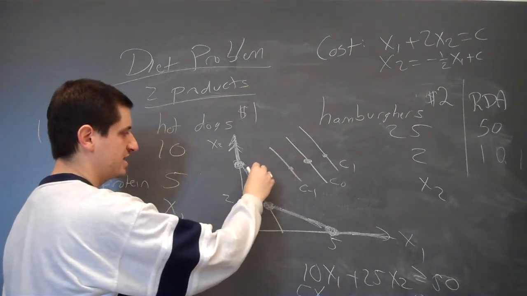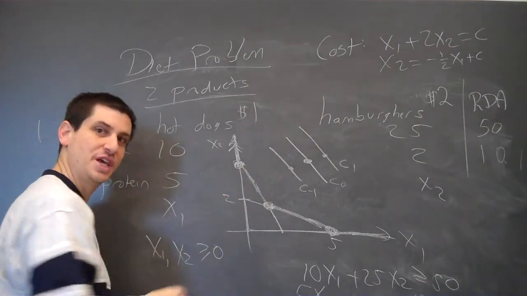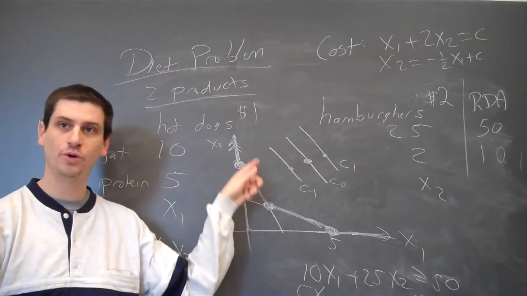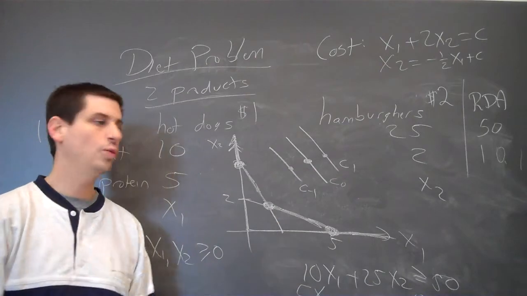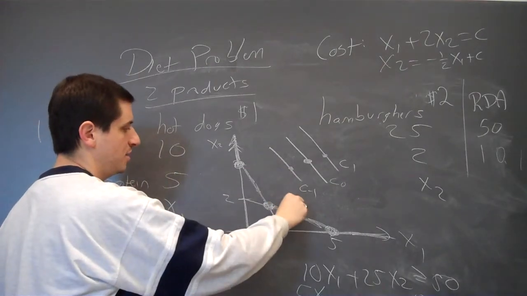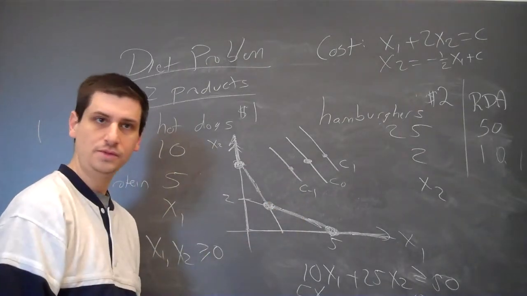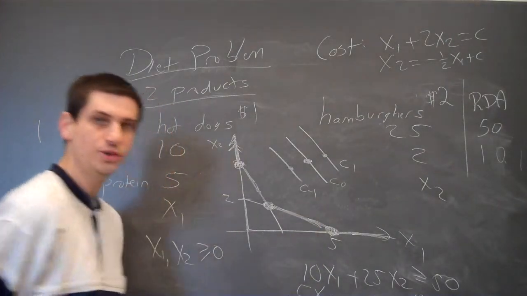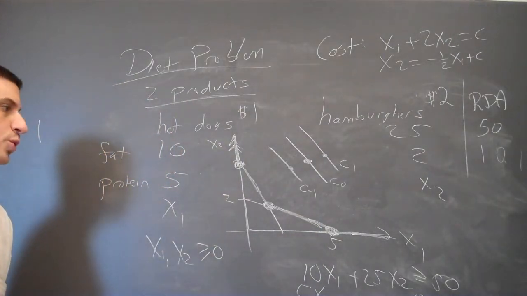One way is to hit exactly with the same slope. Now if that's the case, you're then indifferent to all of these points. Or what's more likely is you could hit it at some angle. If you hit it with the same slope, you're indifferent, so you might as well say, let's go to a vertex.